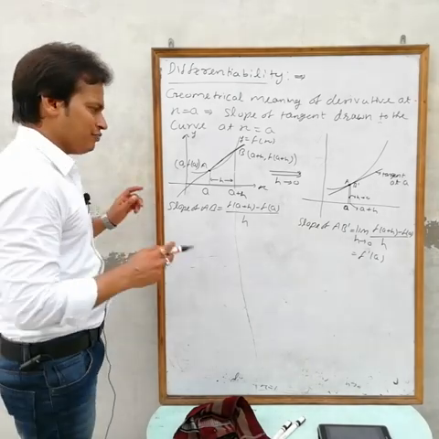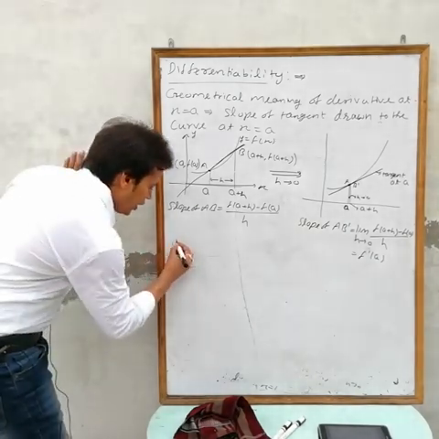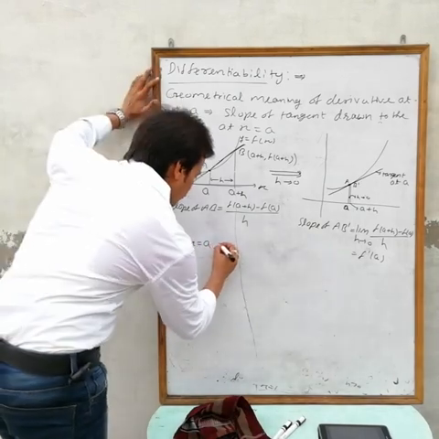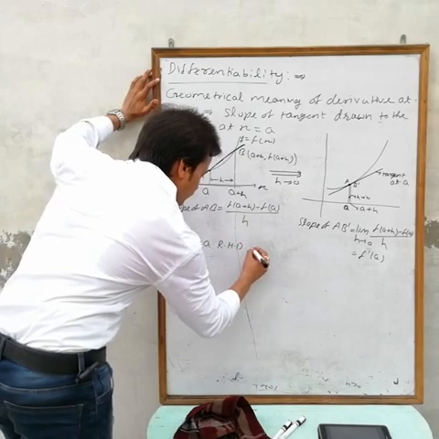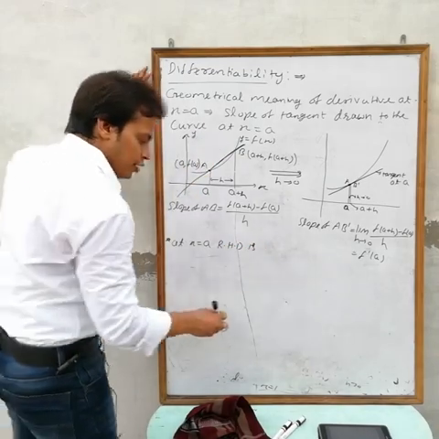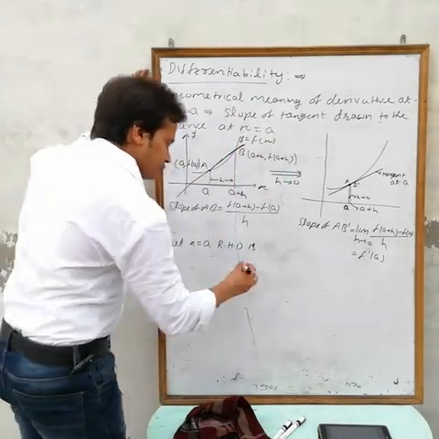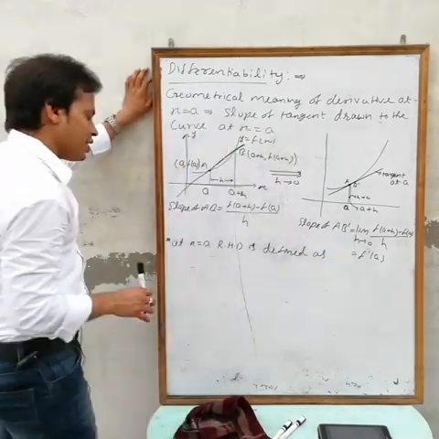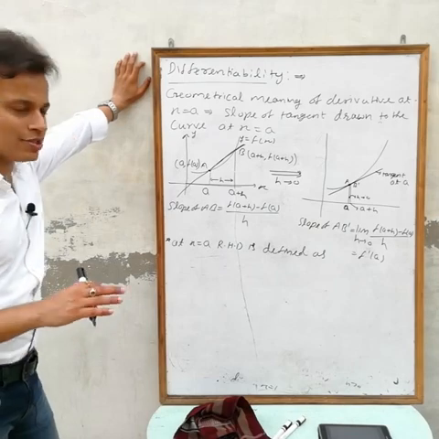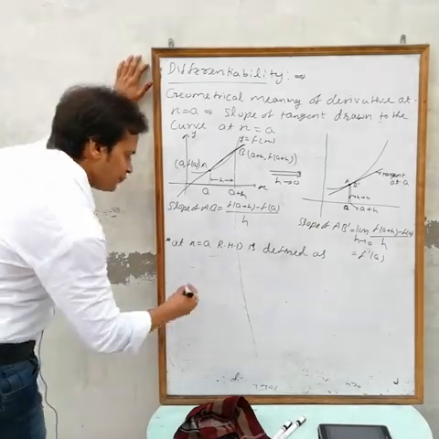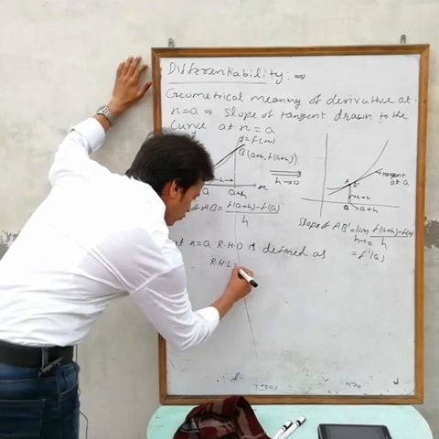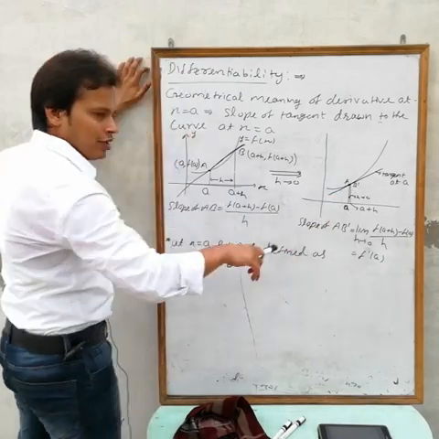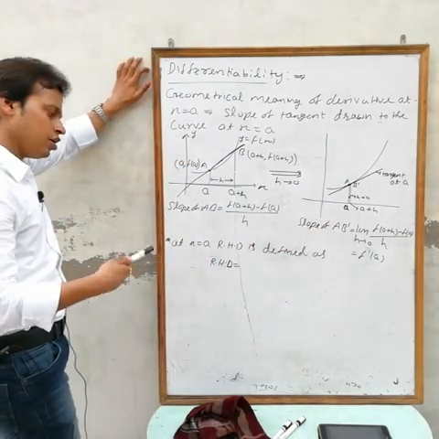So I am writing, at x equals a, right hand derivative, RHD, is defined as: if to get the slope of the tangent you are using the right side point, then you will get the right hand derivative.